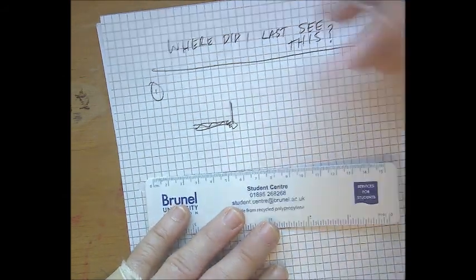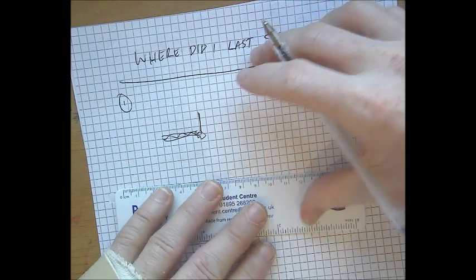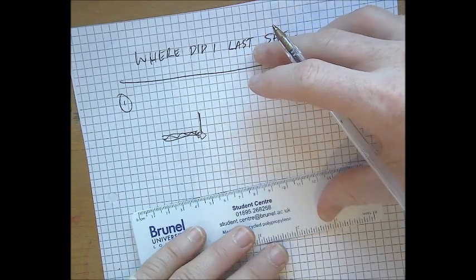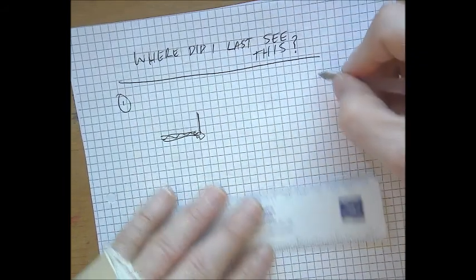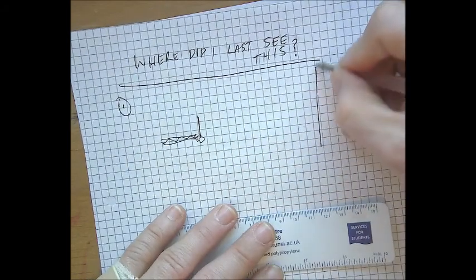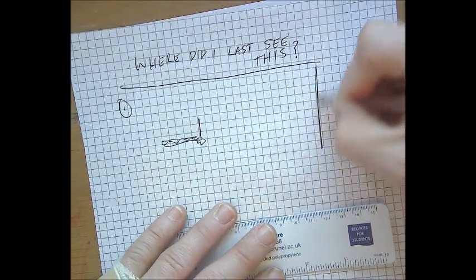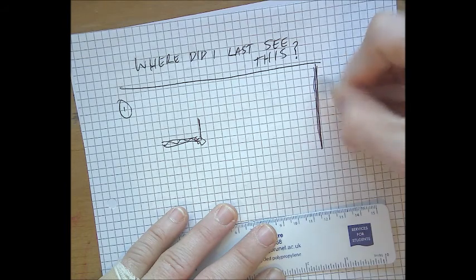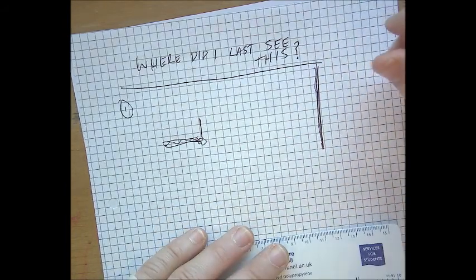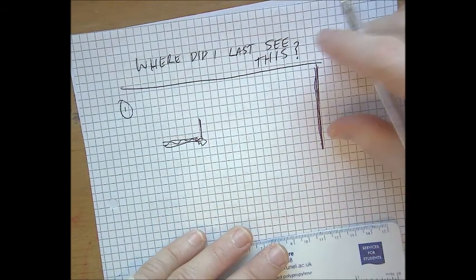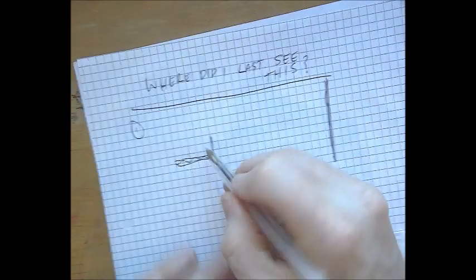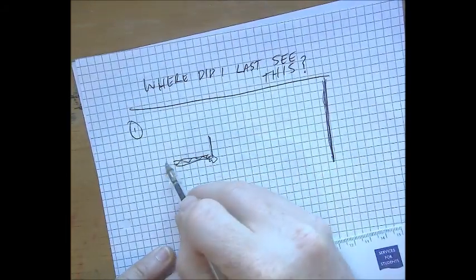She walks away from the tree until the ruler appears to cover the tree. So there's some massive tree here, and the idea is that she can't see the tree anymore because of the ruler.